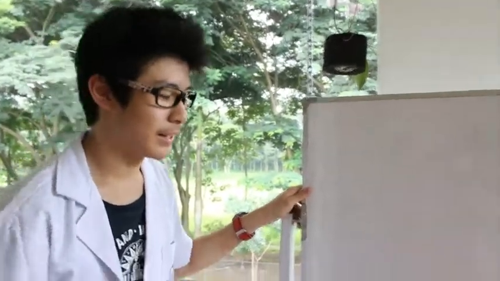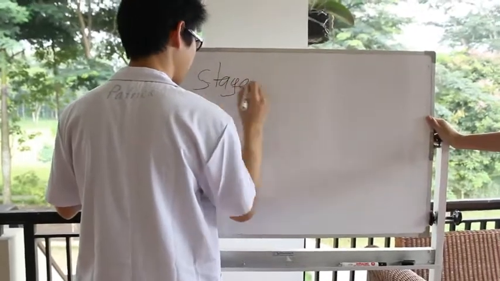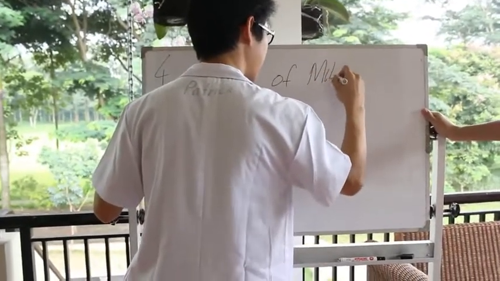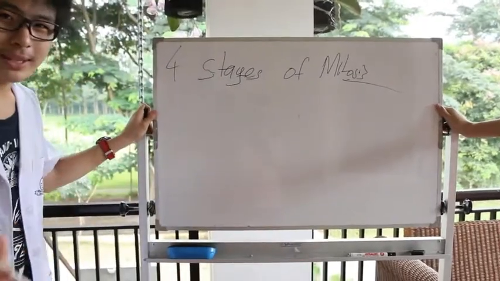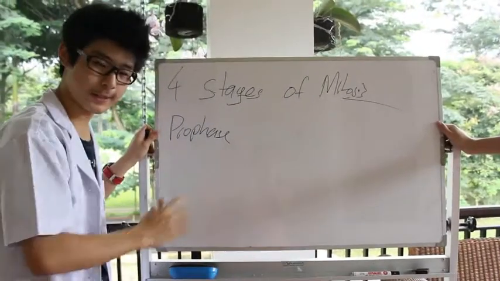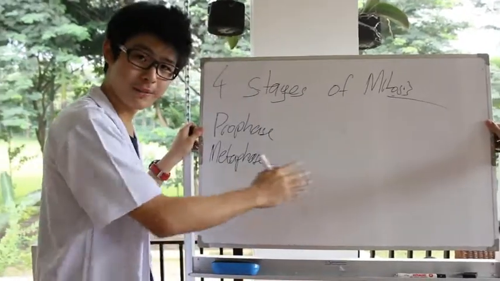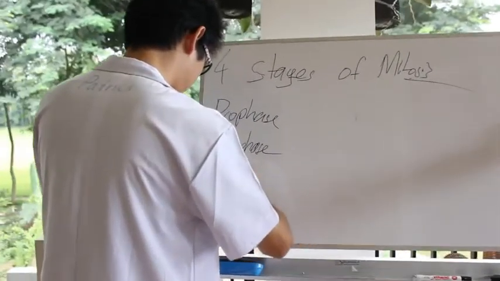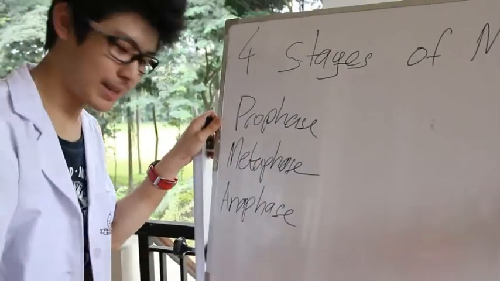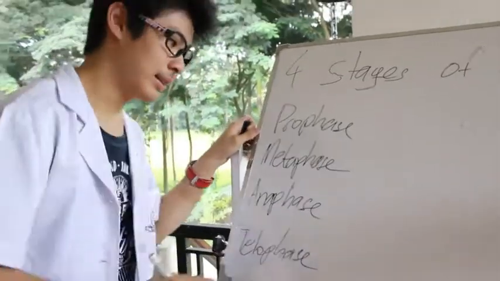Now, there are 4 stages of mitosis. Now, the 4 stages are the prophase, the metaphase, the anaphase, and finally the telophase.